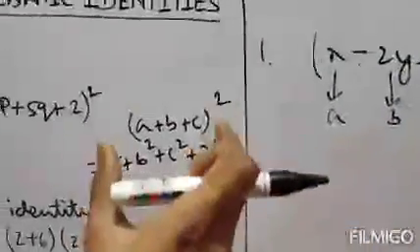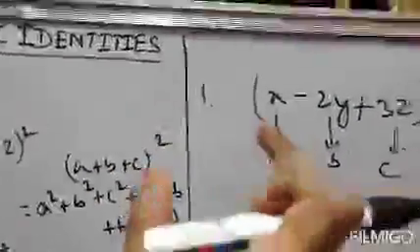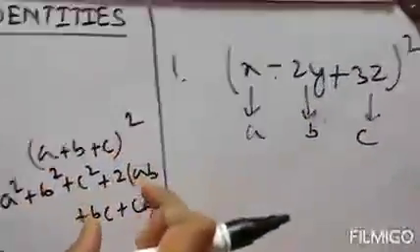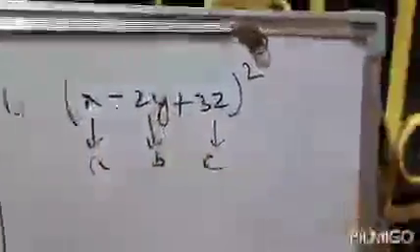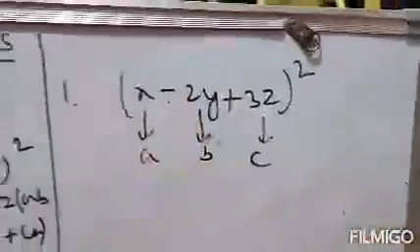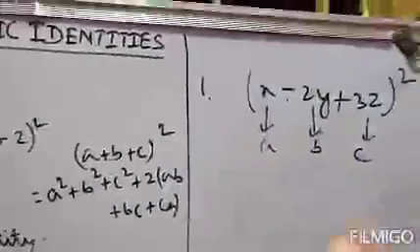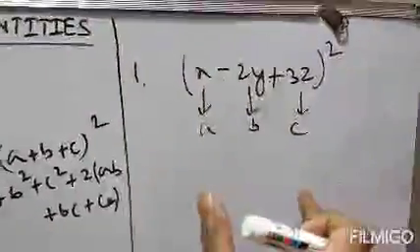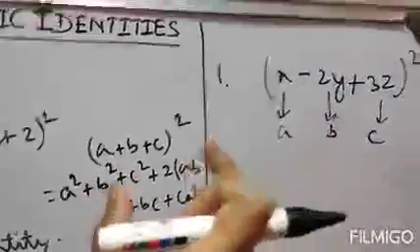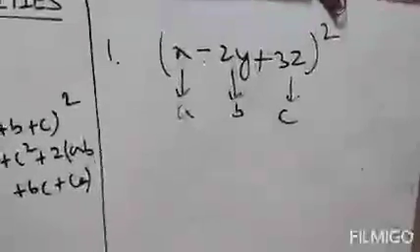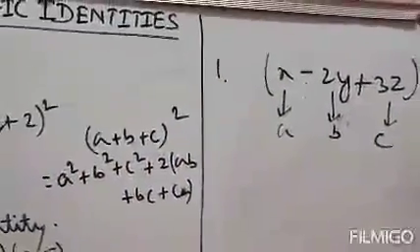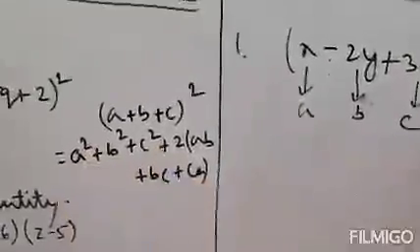Since all the signs in the formula are plus and in the question one is minus, you cannot do this sum directly using this formula. You will have to arrange all the signs as plus, because in the formula all the signs are plus.